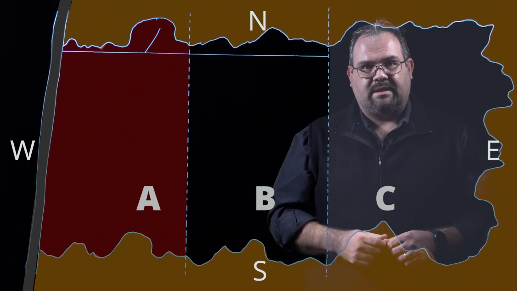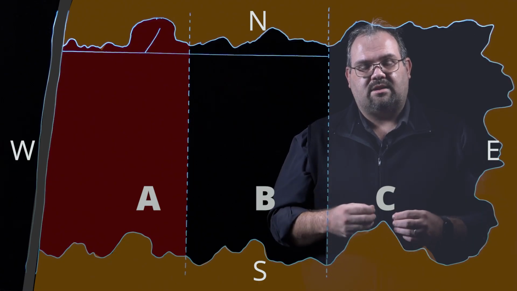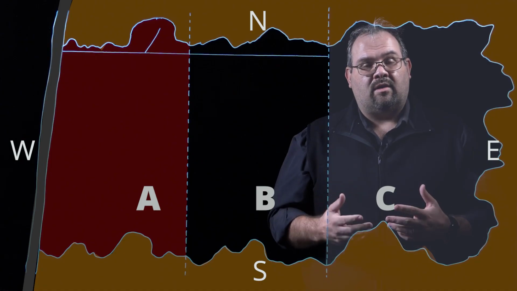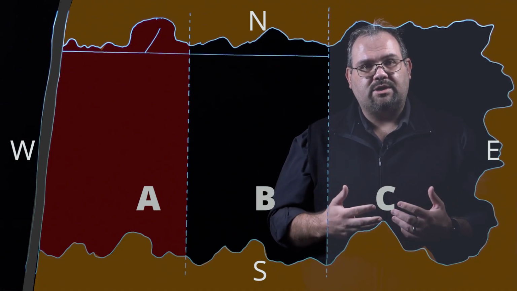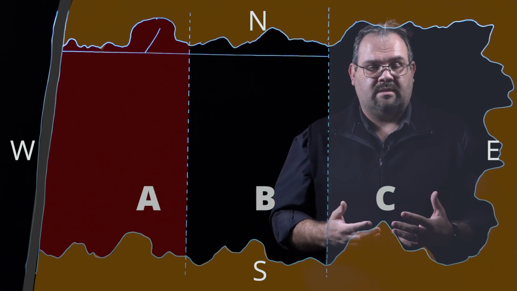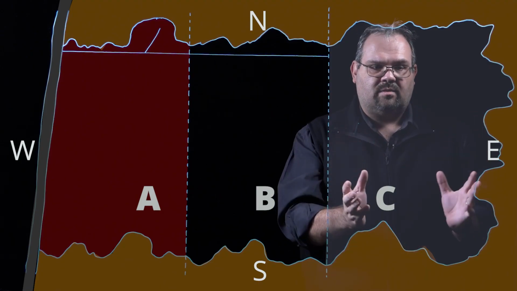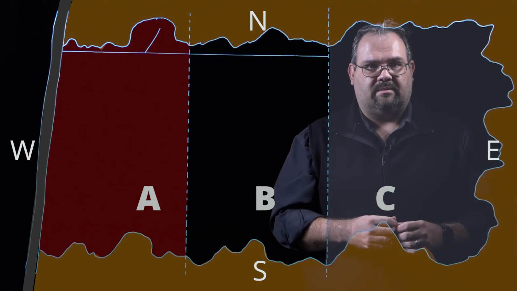The second requirement is that the relocation must occur on the servient tenement. Now, let's just calibrate first and see which of these three properties are dominant and which are servient tenements. Let's start with property C. Property C is a dominant tenement.